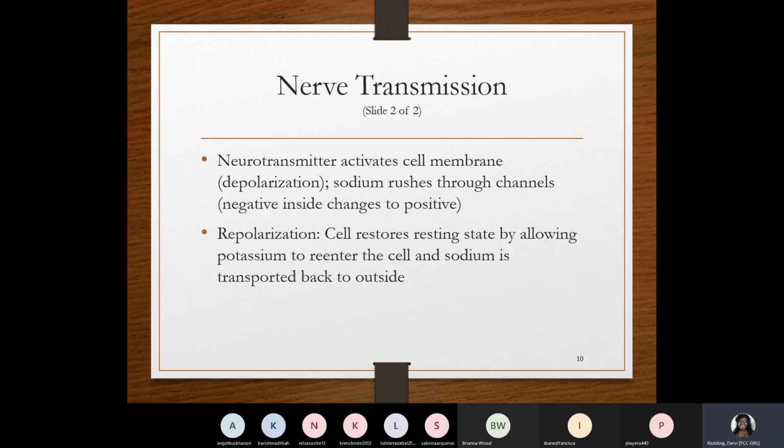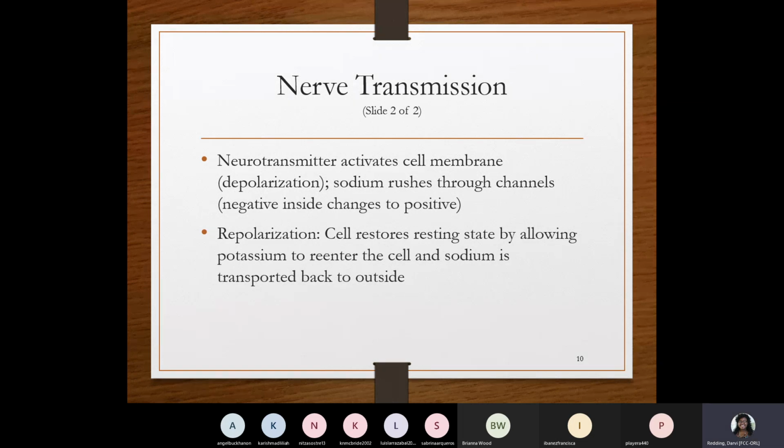Now, one of the other main stages of the nerve transmission is the repolarization, and that's where the cell is restored to the resting state by allowing potassium to re-enter the cell, and the sodium is transported back to the outside.